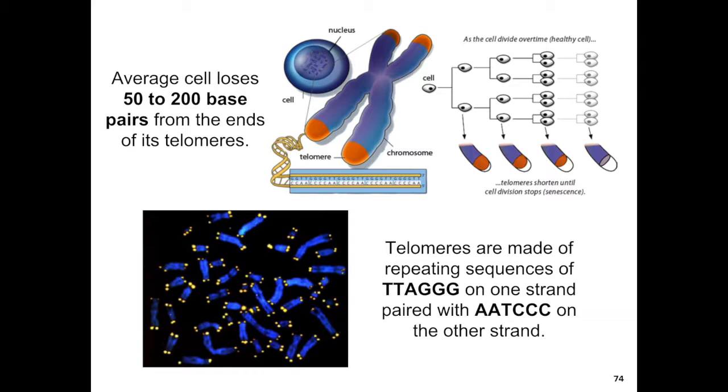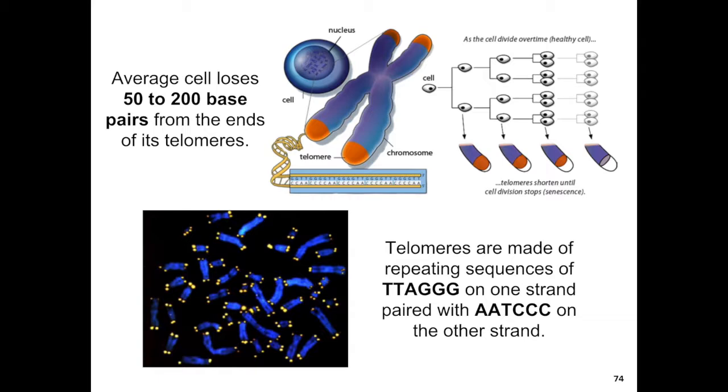So each time a cell divides, the average person loses anywhere from around 50 to 200 base pairs from the end of their cell's telomeres, which means that cells can only divide about 50 to 70 times before those telomeres get progressively shorter and shorter and shorter and those cells undergo senescence and they die, or the cells undergo severe genetic damage that could cause cancer.